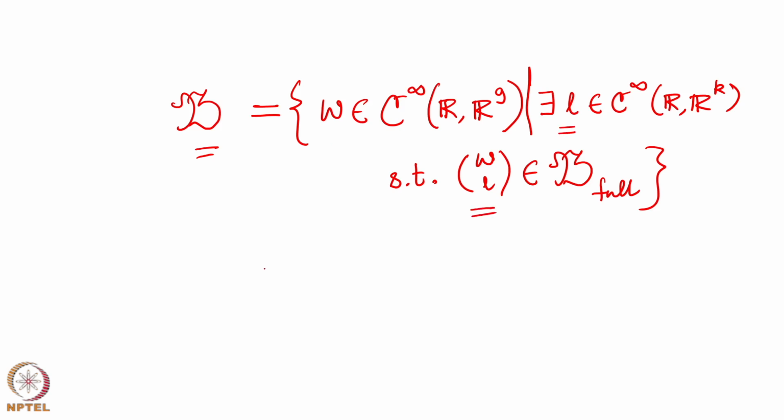The question is, is it possible to write this also as a kernel? If B full is given by a kernel representation, is it really true that B can be written as a kernel, and if so, can we find out this R tilde?